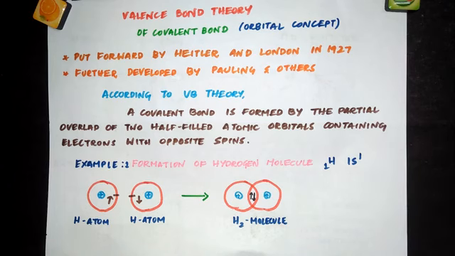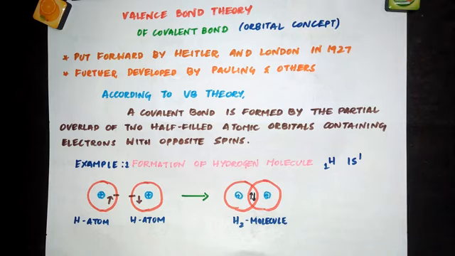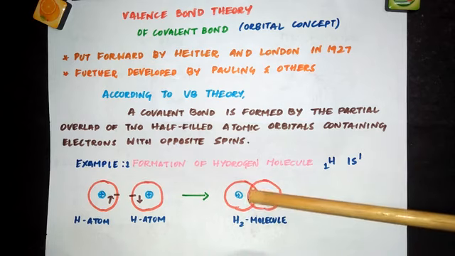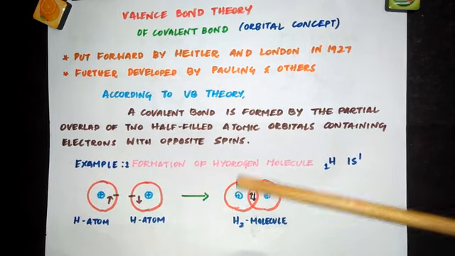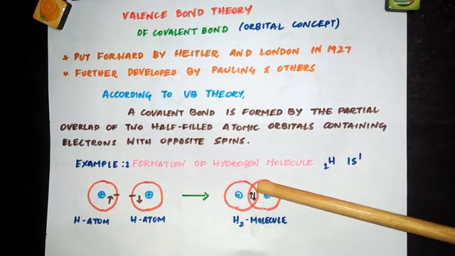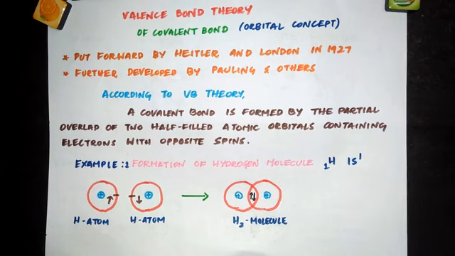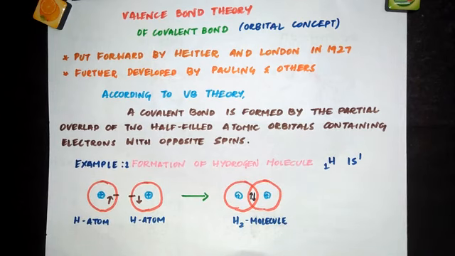When we say partial overlap, it means that a part of the electron cloud of each of the two half-filled atomic orbitals becomes common. See this part, it is becoming common in this molecule. As a result, the probability of finding the electron in this region of overlap is much more than at other places.